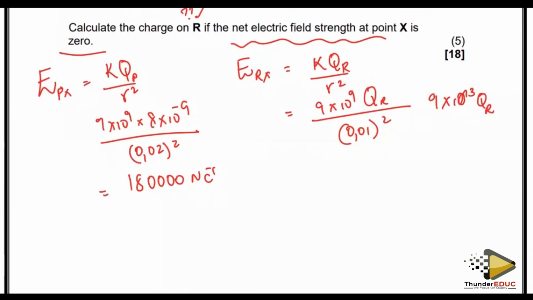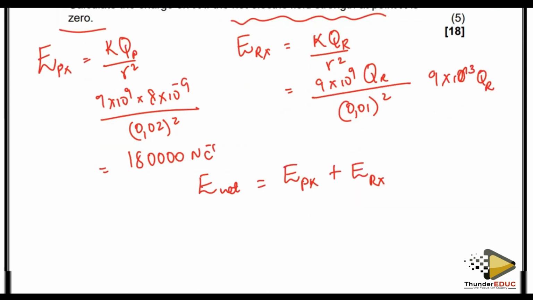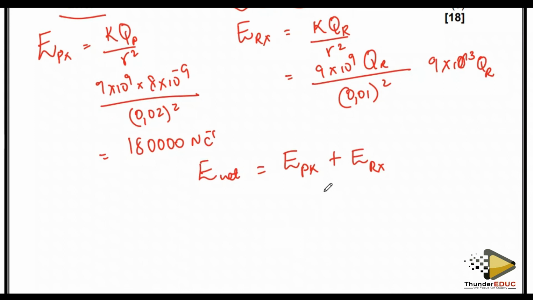Then remember what we said: for us to have a net of 0, the electric fields must be in opposite directions. If I take it to be in the negative direction, then 0 is equal to my 180 plus, let's say, negative 9.